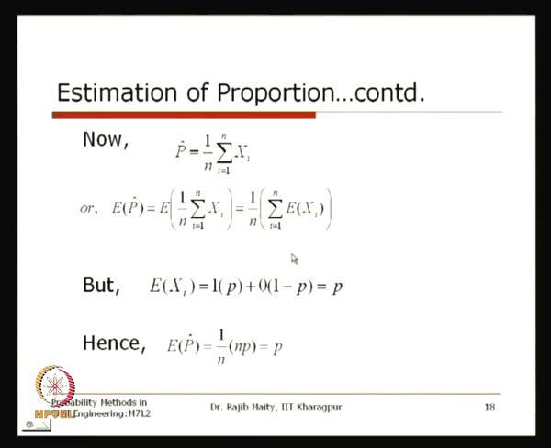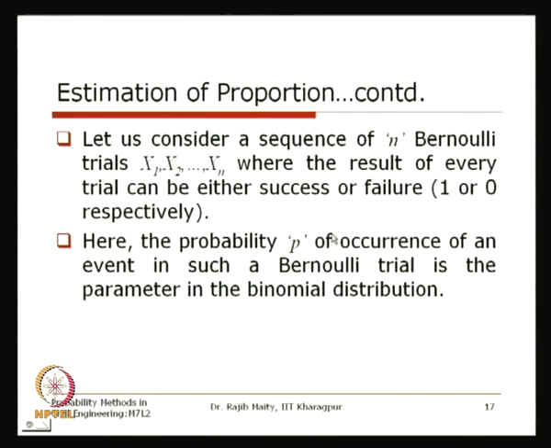So, this p we have to estimate. Now xi can take the value either 1 or 0. Whichever is a success we denote as 1, and whichever is a failure we denote as 0. Again, as I mentioned many times earlier, success and failure are arbitrarily selected.